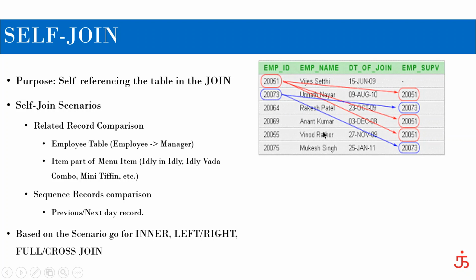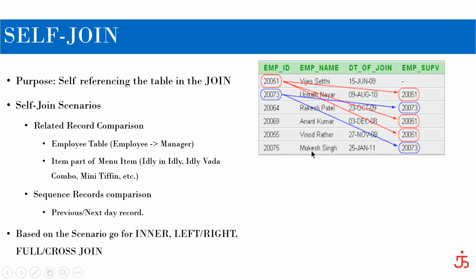So here is an example, these are the list of employees. For example, this Mukesh Singh record, his manager is 2,73,000. He himself is an employee, because the manager is also part of the payroll and part of the employee organization. That record is 2,51,000. So if you want to print the employee name and side by side the manager name, then you have to go for self join.